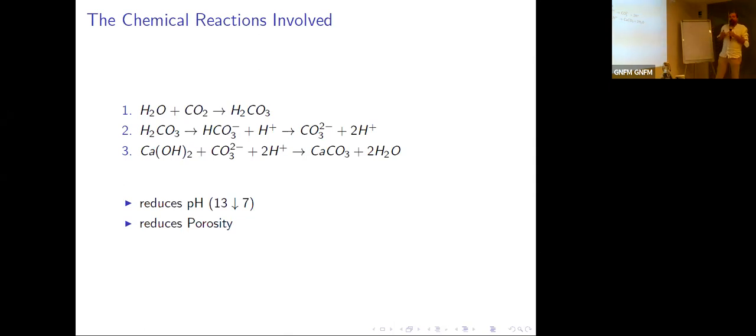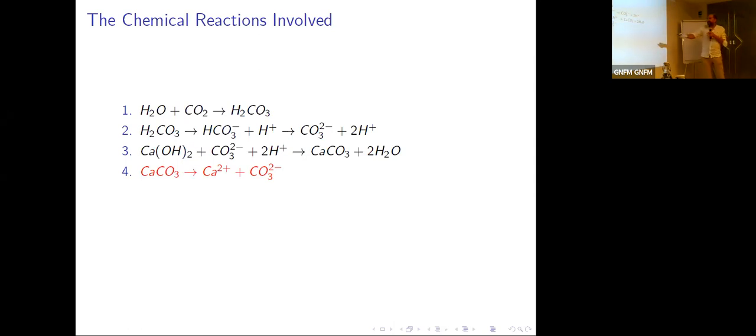In fact, there is another reaction involved. This reaction says that the calcium carbonate already formed by carbonation dissociates itself into an ion of calcium plus an ion of carbonate. This fourth reaction has not been very studied in the research, and we are going to introduce it in our model.